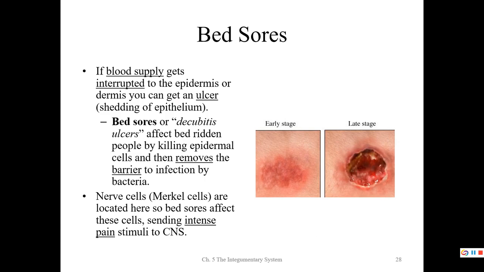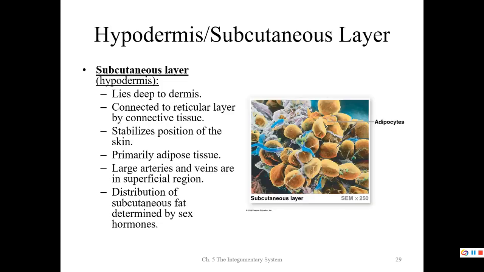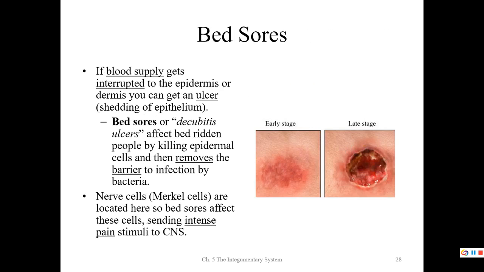Now, I do want to talk about the blood supply, and then basically I'm going to stop right there, okay? If your blood supply gets interrupted, with bed sores you'll get what is called a bed sore, a decubitus ulcer. Interrupted blood supply to the epidermis can cause an ulcer, shedding of the epithelium. Bed sores occur in bedridden people. They kill the epithelial cells, which removes the barrier.